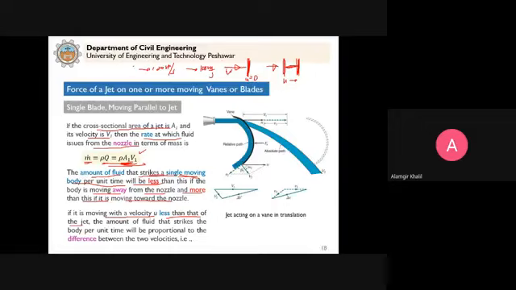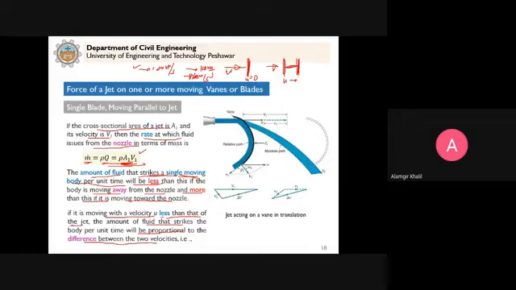But if this body is moving with 100 meters per second and the second body is moving with 60 meters per second, it can catch it. So that's why u should be less than that of the jet. Then the fluid that will strike will be proportional to the difference between the two velocities.